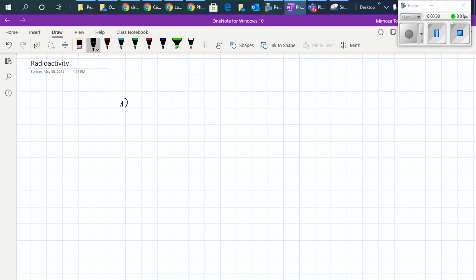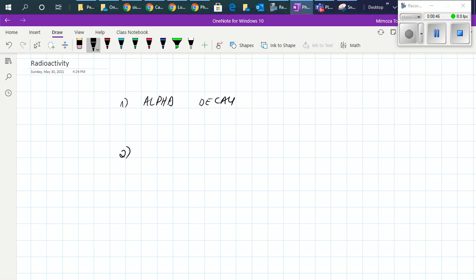First one is alpha decay. Next one is beta, which is in two forms: beta particle, which can be beta positive or beta negative, and next one is gamma.